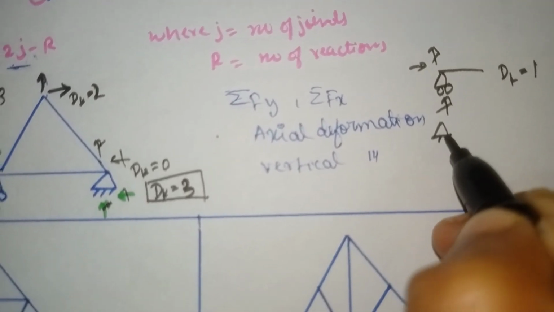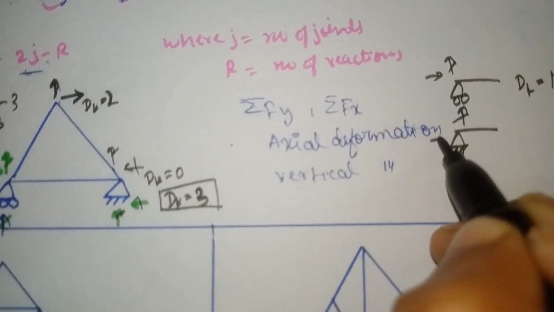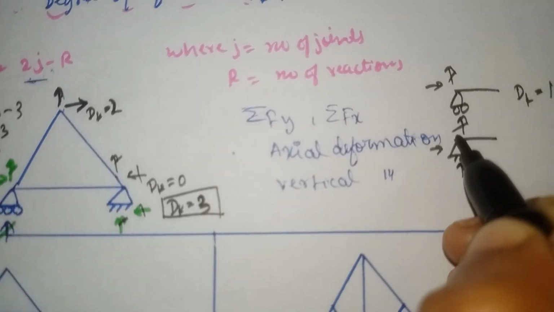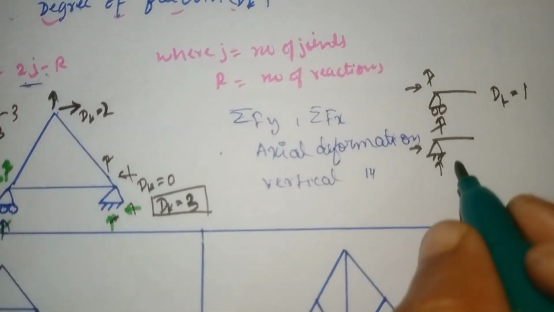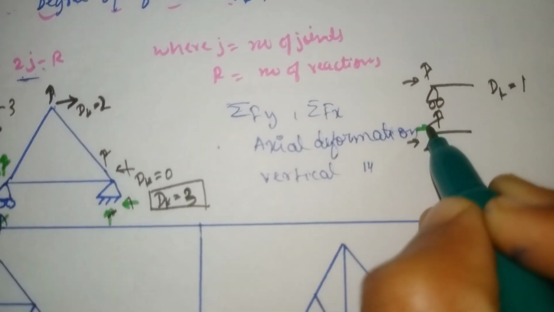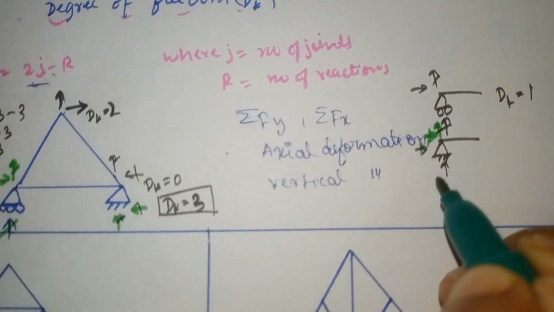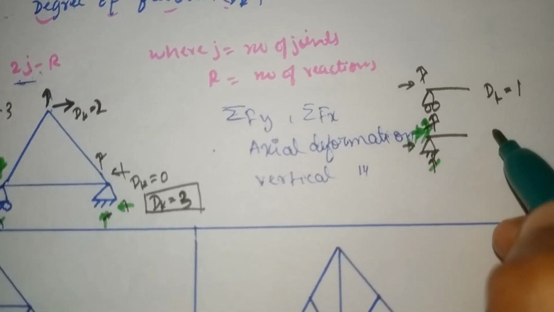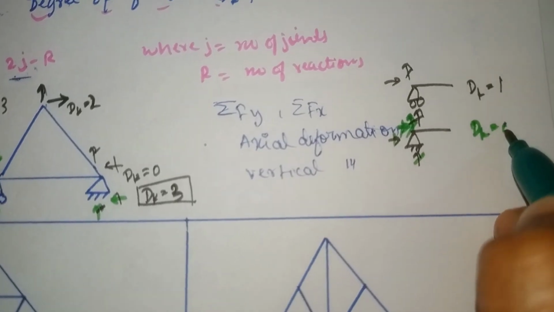If you take the hinge, how many reactions are there? 1, 2: one horizontal and one vertical. The possible deformation is one horizontal and one vertical. So horizontal will get cancelled and vertical will get cancelled. The dk value at the hinge support is 0.